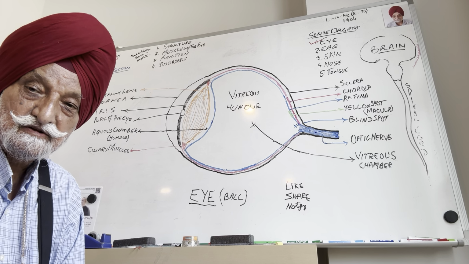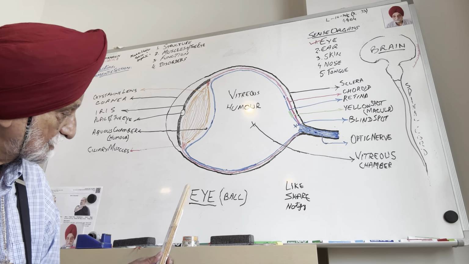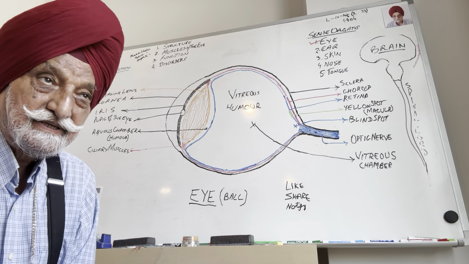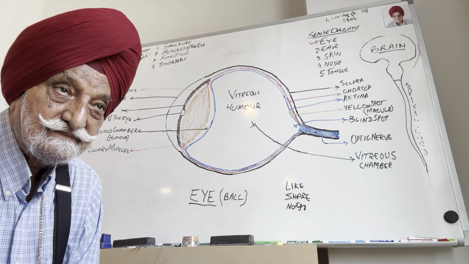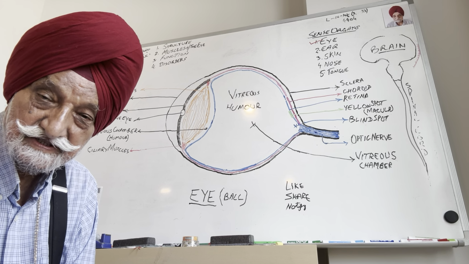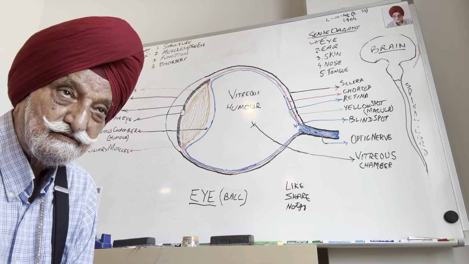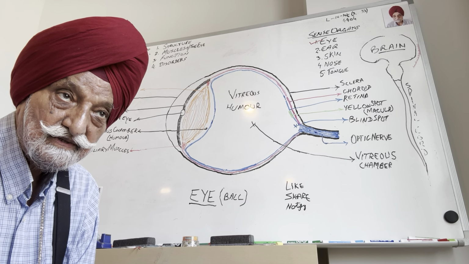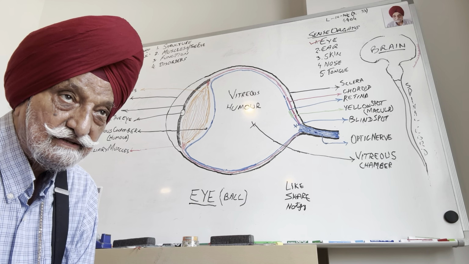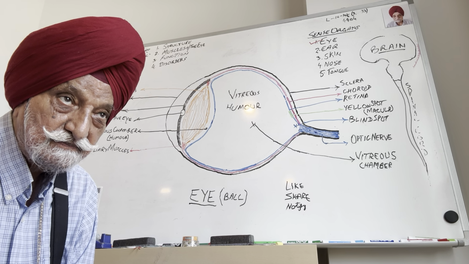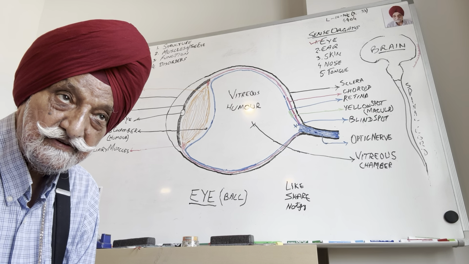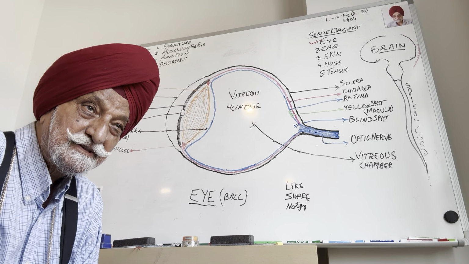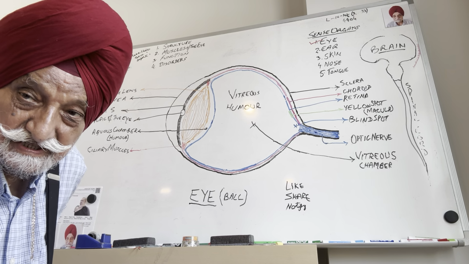Now, the eye is normally considered as an eyeball because it looks like a ball. Had it been a lesson in person, in the classroom, I would have brought an actual eye and shown you the different parts of the eye, and you would have liked it. Actually, we can bring the eye of a sheep or a goat from the mortuary, and that's a good education.